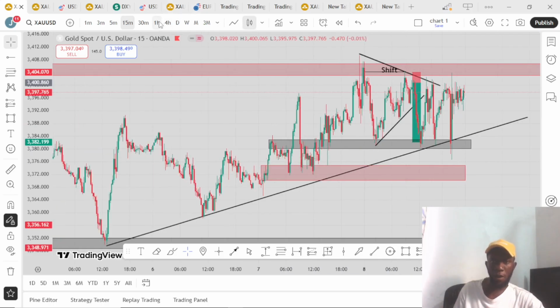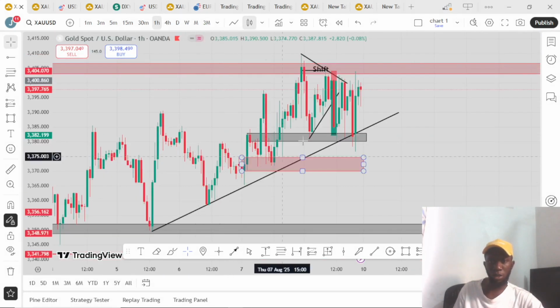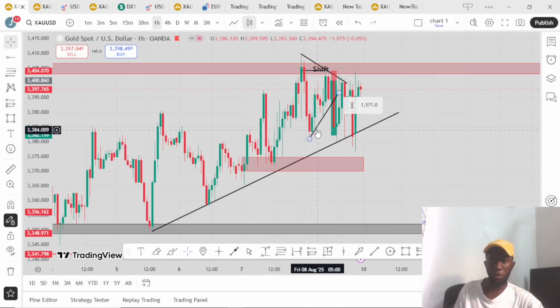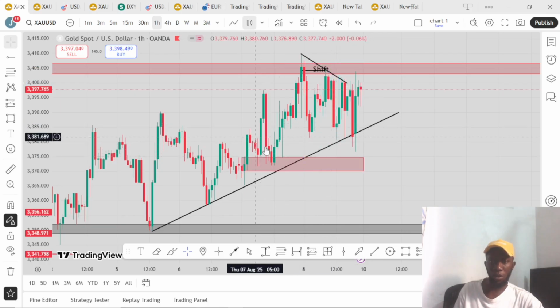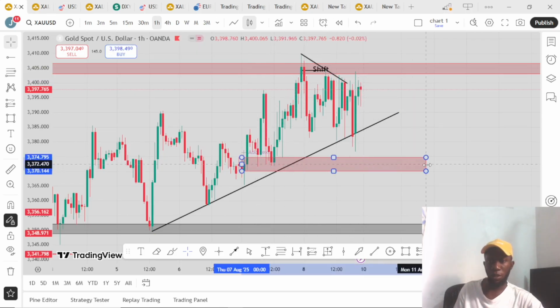Meanwhile, from our 1 hour time frame, we saw that this was the bullish structure it was going on, and let me clean this also so that I will show you one or two things. We saw that this was the recent low that price was respecting, this particular zone, and this is what price was respecting, this guy here.